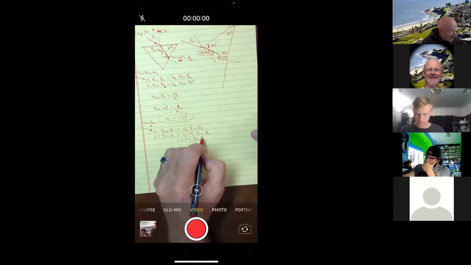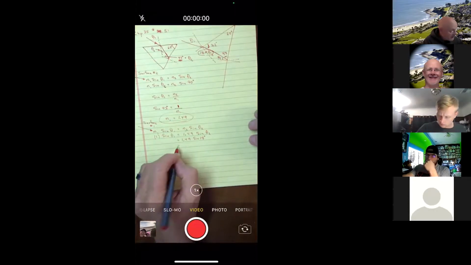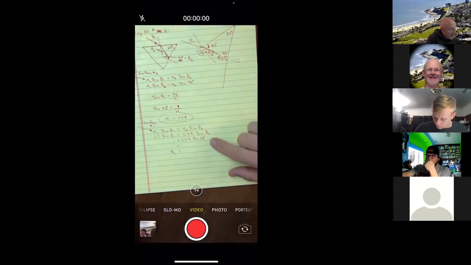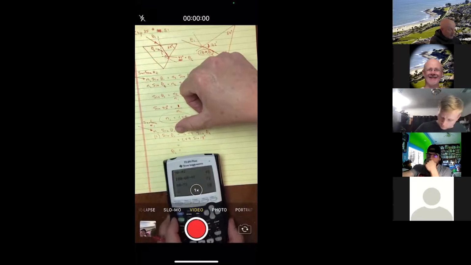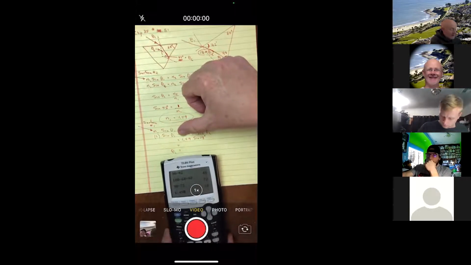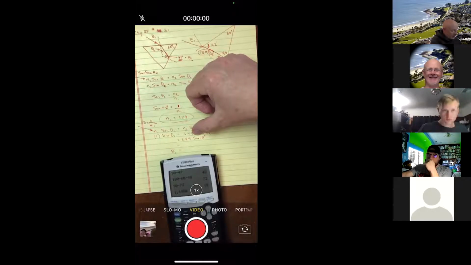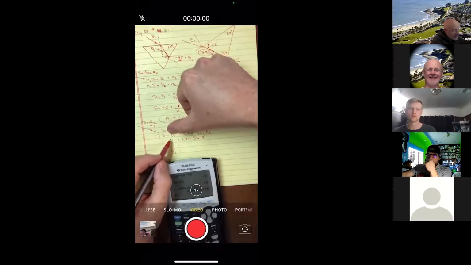All right, so after doing a little geometry, I can come back to my physics and say this is the sine of 18 degrees. So if I go 1.49 times the sine of 18 degrees, that would be the sine of theta 1.